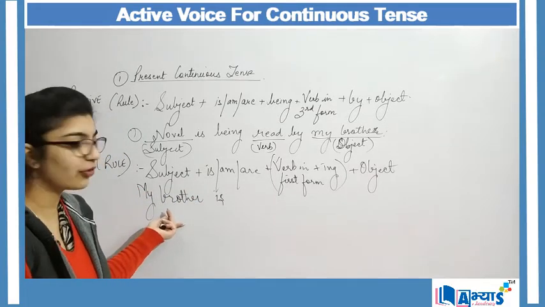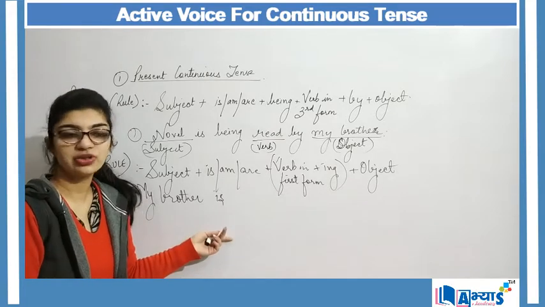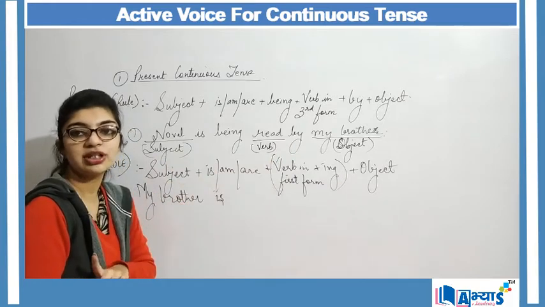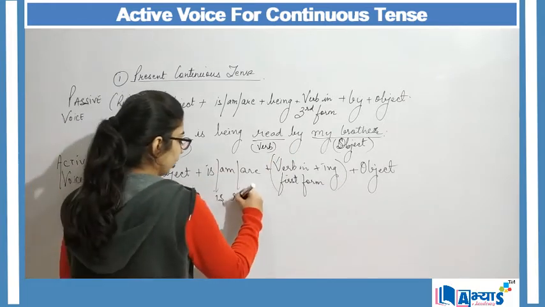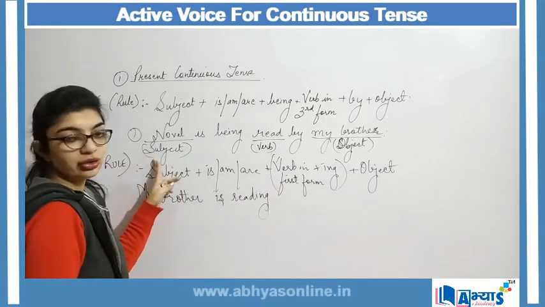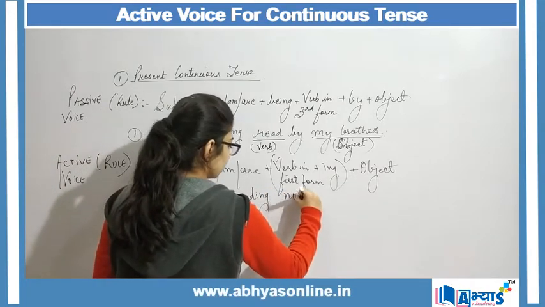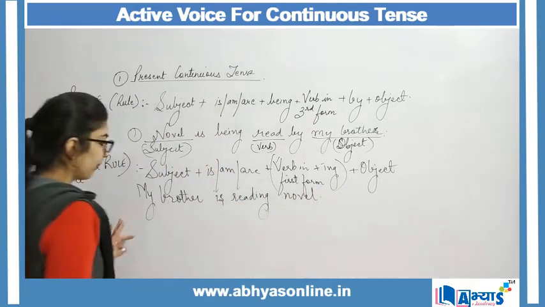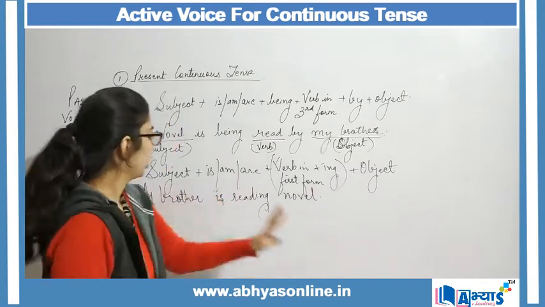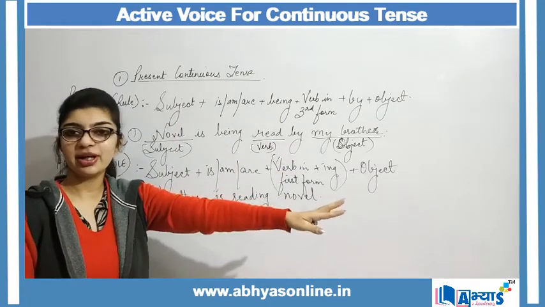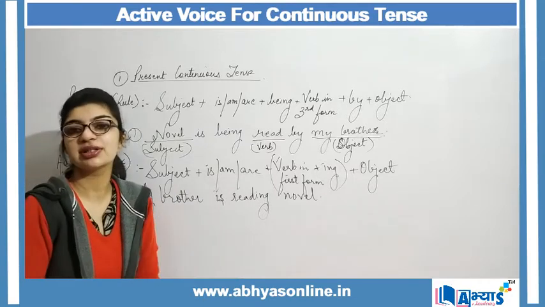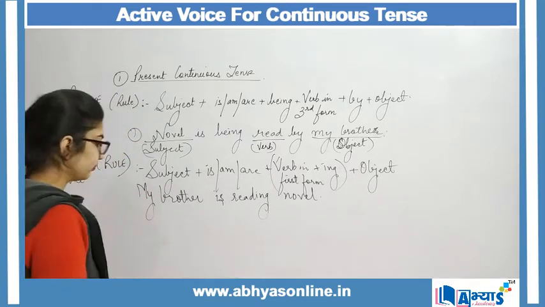It is in a singular form. For singular form, I make use of is. Read was a third form of verb. The first form is read. Read plus ing, reading, and novel. My brother is reading novel, right? Novel is being read by my brother. This is my passive form. And my brother is reading novel. This is my active form.